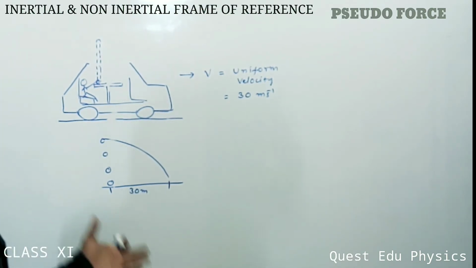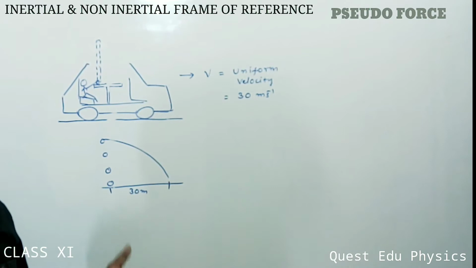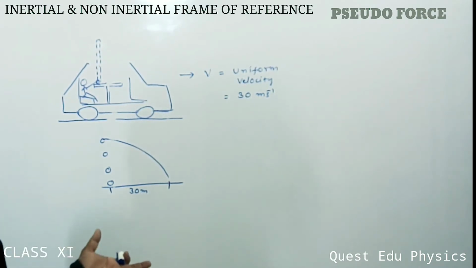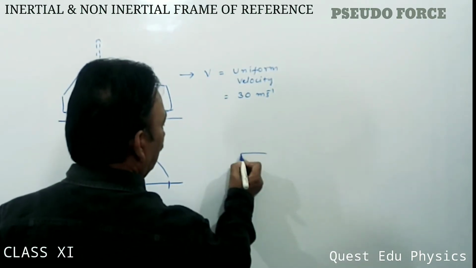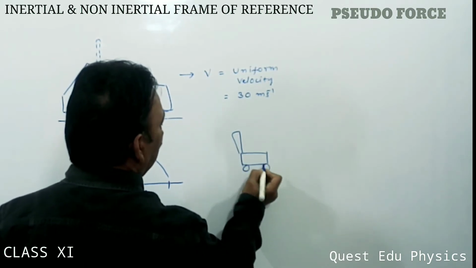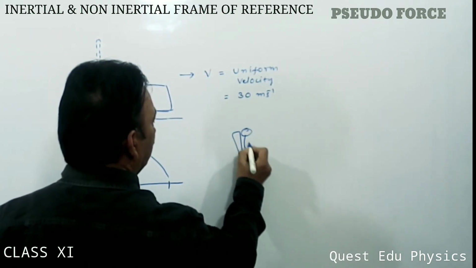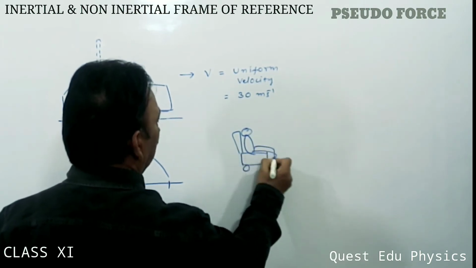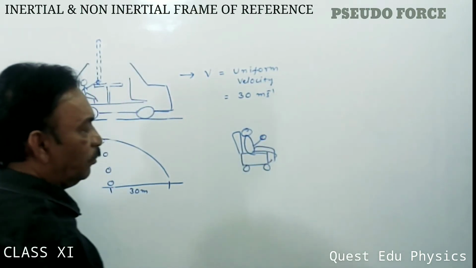You can observe the same thing by sitting in a room. Just sit in a chair. Okay, students, it's the chair. It is provided with wheels, and you are sitting here in the chair. You are holding a ball.